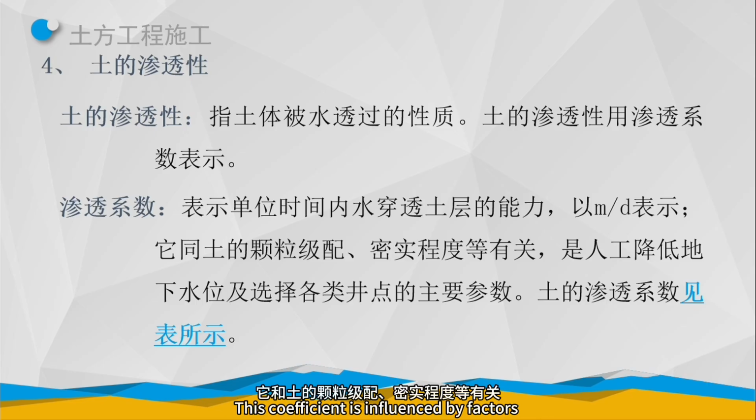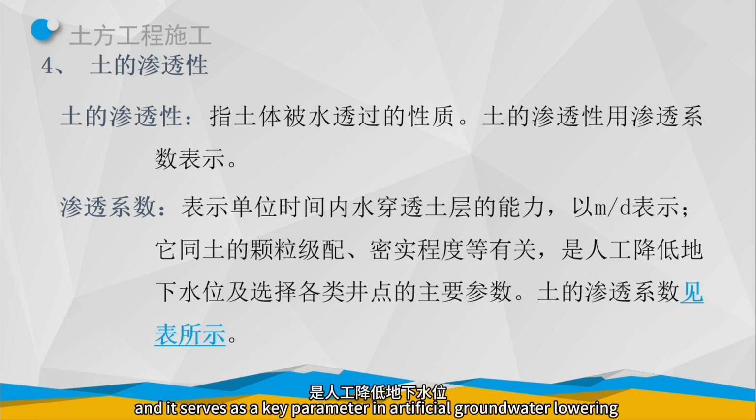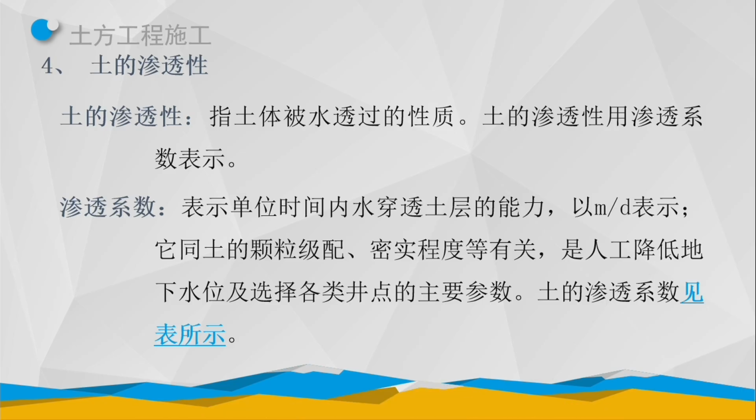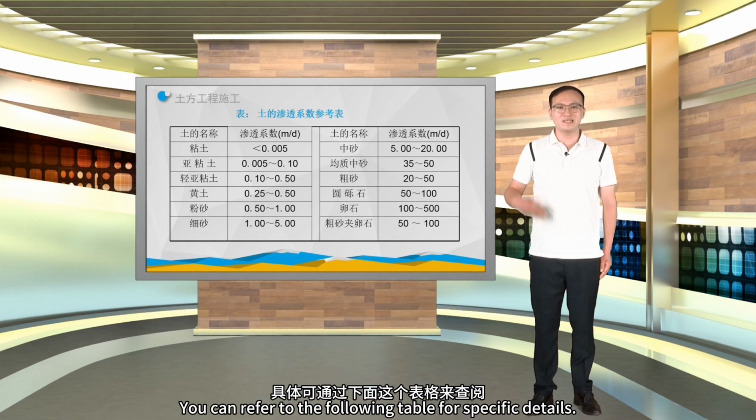This coefficient is influenced by factors such as soil particle size distribution and degree of compactness, and it serves as a key parameter in artificial groundwater lowering and the selection of various well point systems. You can refer to the following table for specific details.